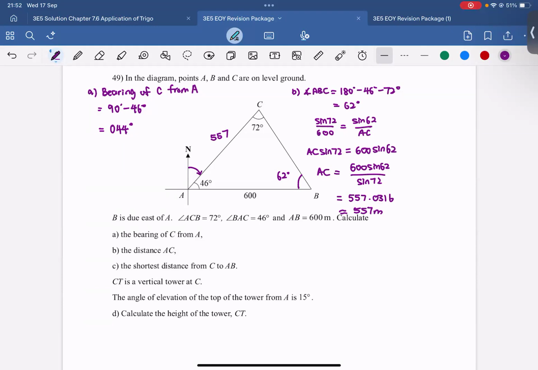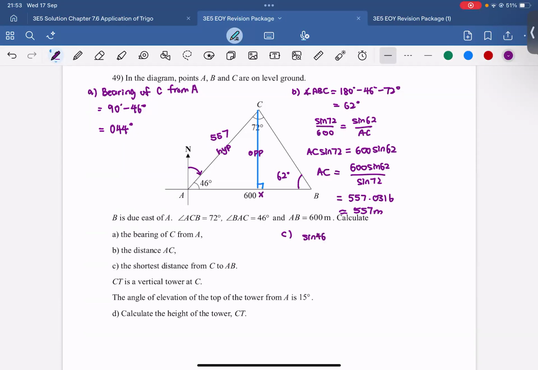557.0316, approximately 557. So this is 557 meter. T is the shortest distance from C to AB. So this is the shortest distance. So how to find the shortest distance? Half base times height equals half AB sine C. The fastest way is just use trigonometry. Oh, this is my angle, this is my opposite, this is my hypotenuse. Okay, I call this X. So I got opposite, hypotenuse, I use sine.